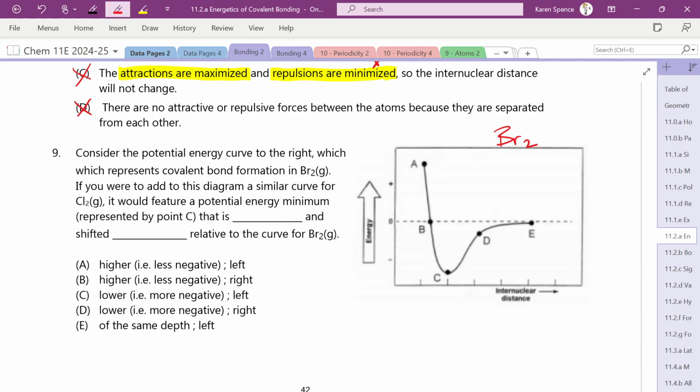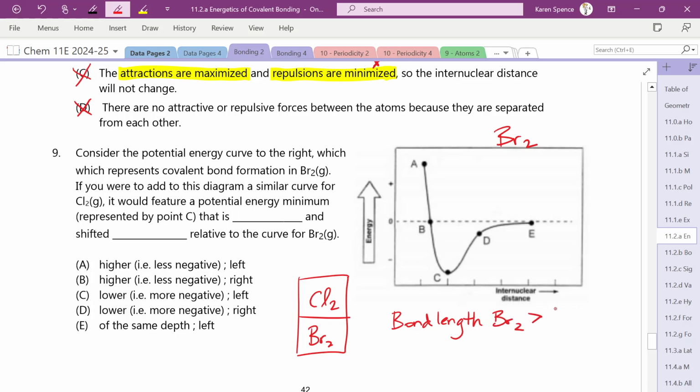So Br2, Br is below Cl on the periodic table, yes? So what can you say about bond length? Yeah, the bond length of Br2 is greater than the bond length of Cl2.